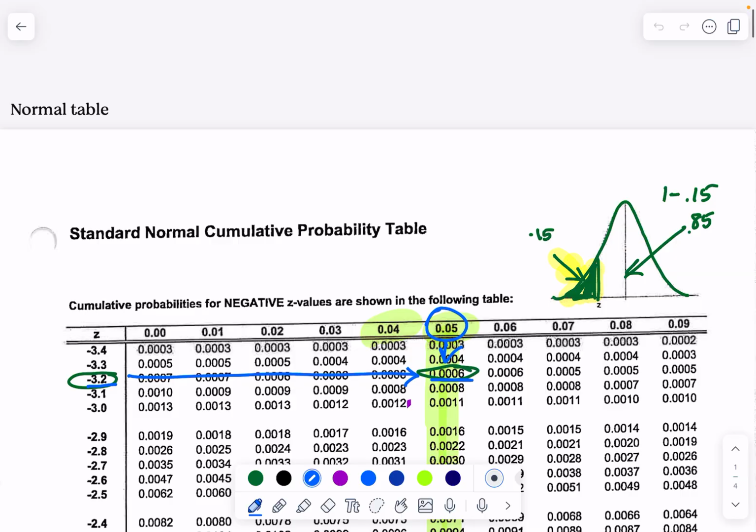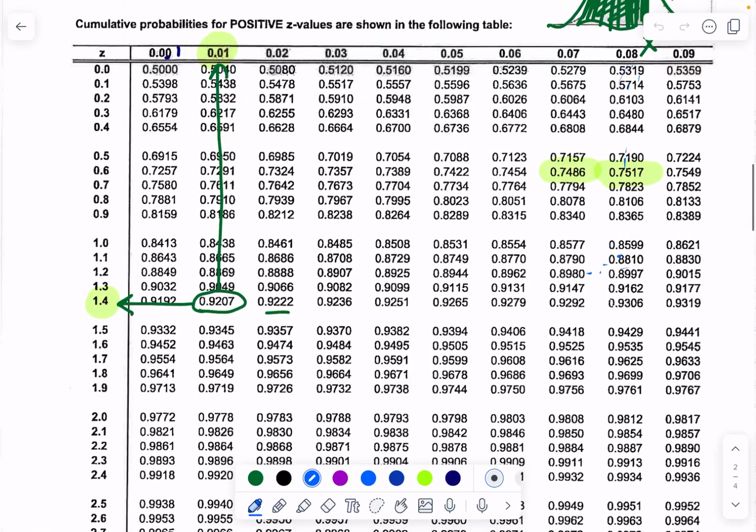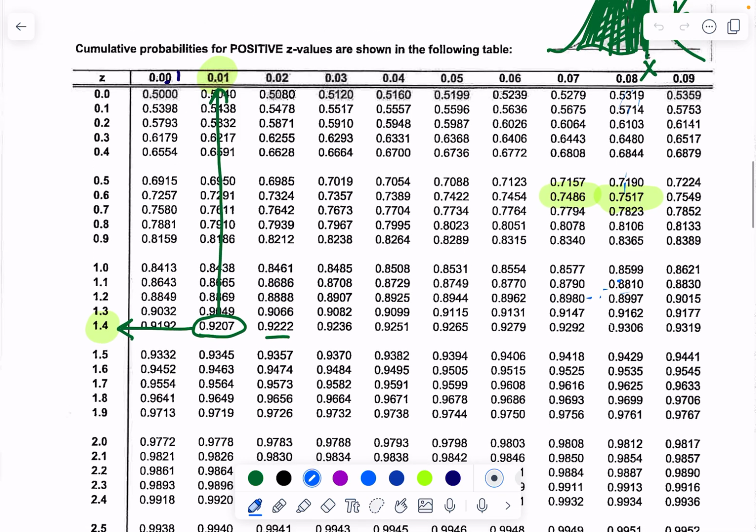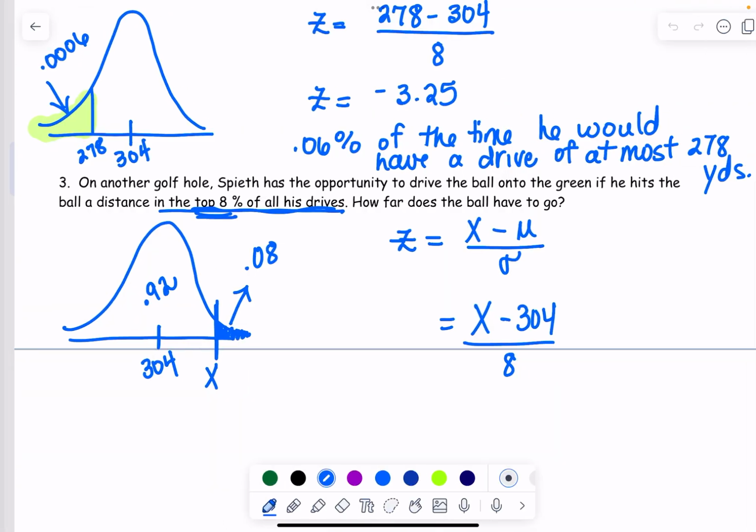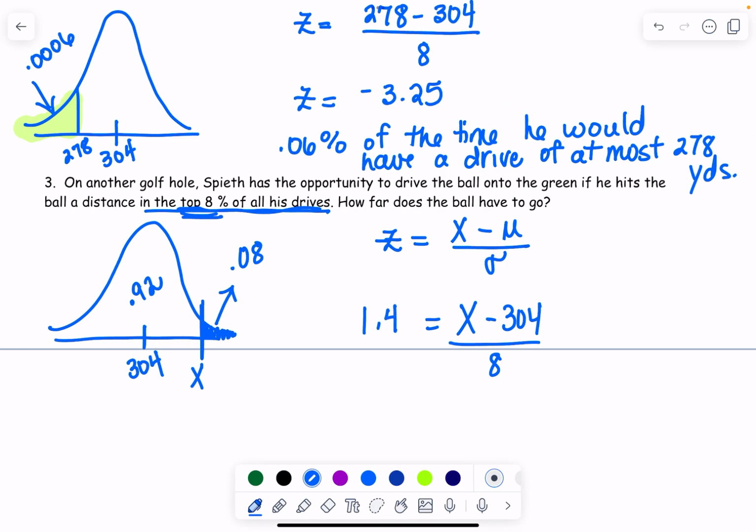Now I know that I'm going to be in the positives, because the 92nd percentile means you're above the mean. I look for the decimal that is the closest to 0.9200. That happens to be 0.9207. So that tells me my z-score would be 1.4 plus 0.01, which is 1.41. So I'm going to put that here. That is 1.41 z-scores above the mean.